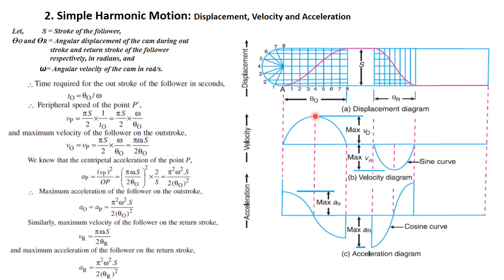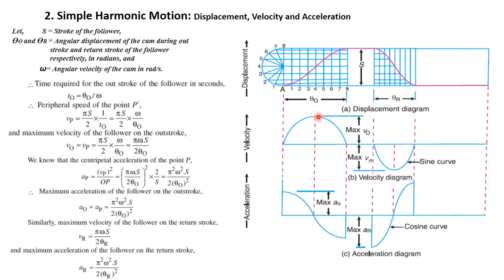So at the middle of the stroke, we find that in SHM we get maximum velocity. So here the velocity is going to increase suddenly, and then we can see that the velocity is not increasing that much when it reaches the mid position.